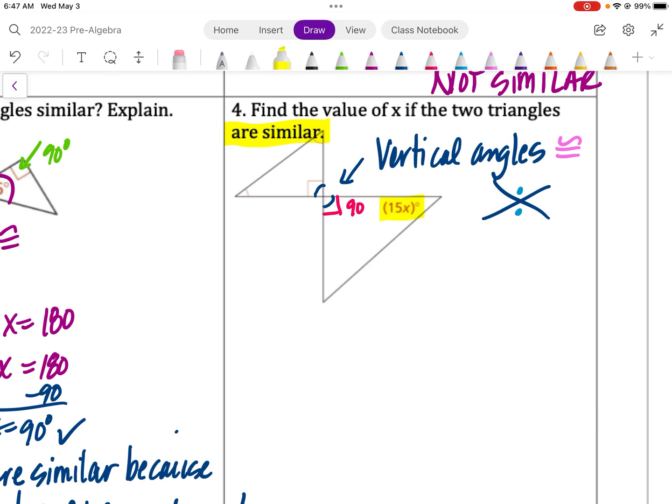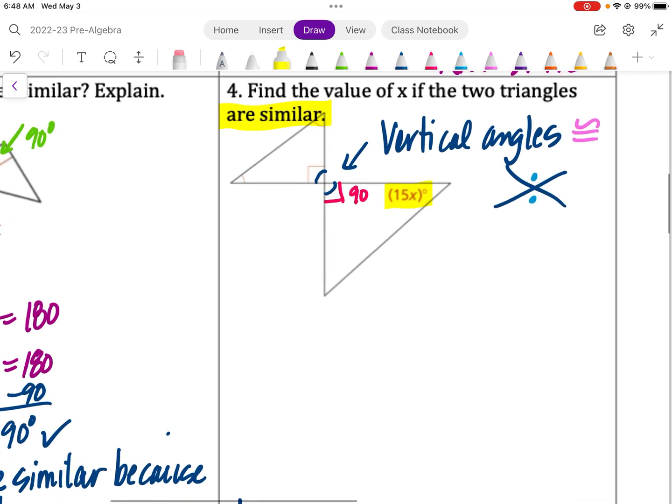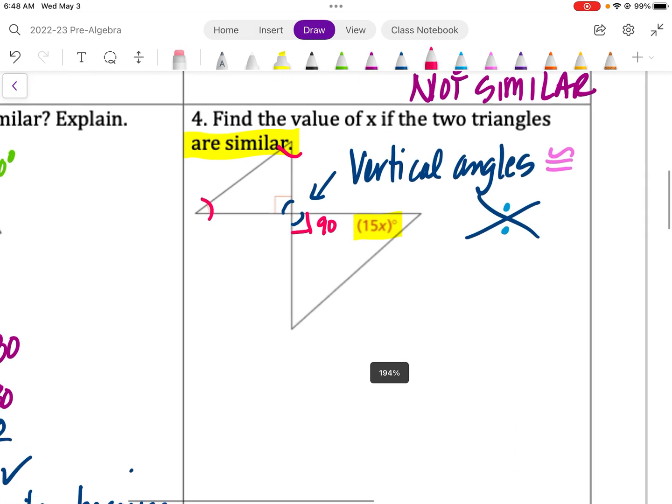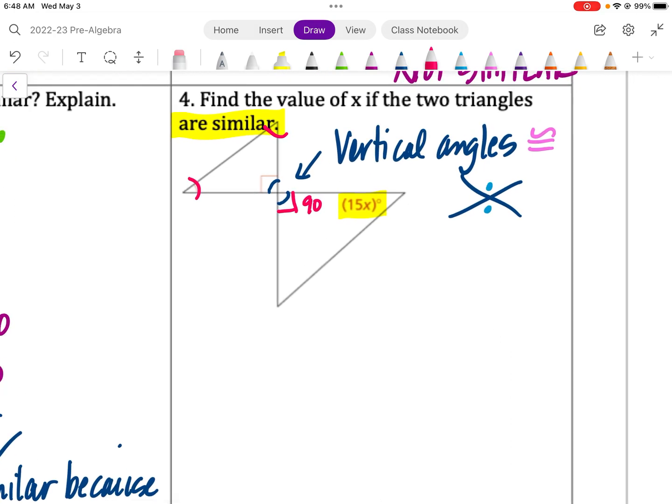I also know that this angle in the corner is labeled 15x, and they're showing me in the little triangle, again, look at these two marks here and here in the corner. So that's telling me that those two angles in each of those corners are congruent. So if the measure of the angle in the big triangle is 15x, then this angle also has to be 15x.